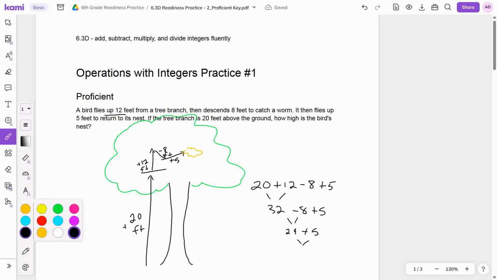So really, we're looking at 29 feet. The nest is 29 feet above the ground. We had to know how far up we started, and that's where we had to read at the very end that 20 feet above the ground. But 29 feet is our answer.